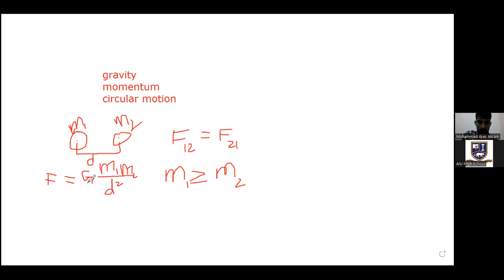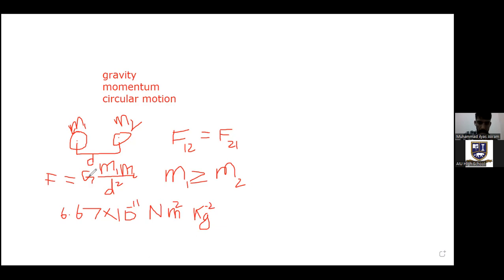Here G is the universal gravitational constant and its value is 6.67 times 10 to the power minus 11, and its units are Newton meter square per kg square.